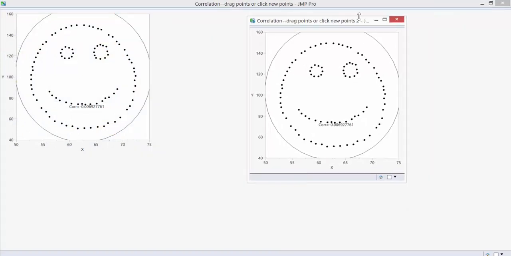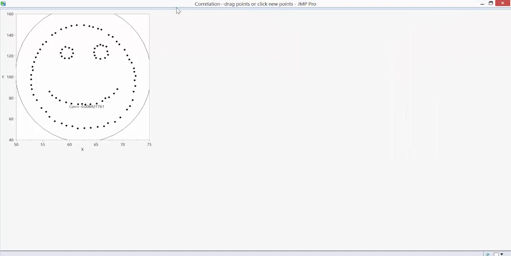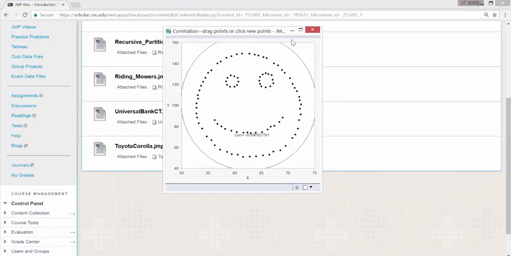Alright, your JMP program contains a nice tool which we can use in order to illustrate the correlation. Look at that. What I have here is x and y, and the coefficient of correlation is computed. Right now I have a bunch of points that form a circle, two smaller circles, and this smiley face. And you can see the correlation coefficient.